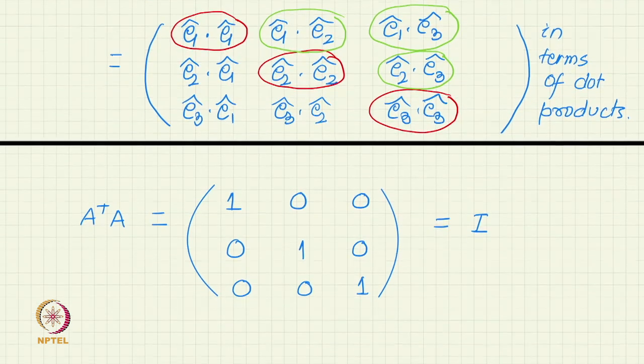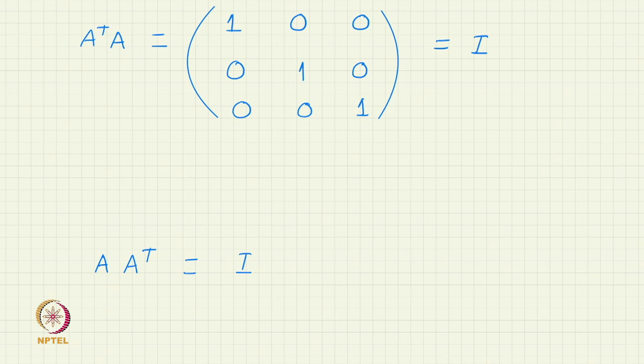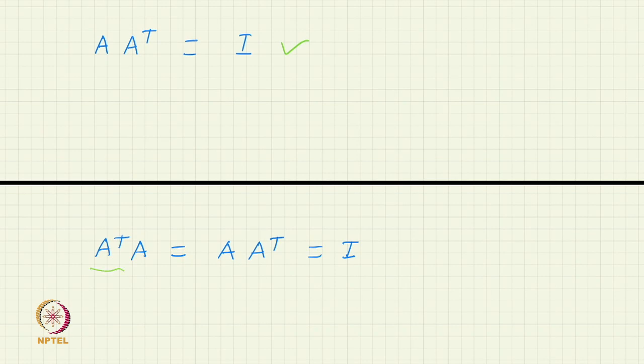So A transpose A is nothing but an identity matrix. Similarly, you can show the reverse is also true if you take the product in the opposite sense, A A transpose is also an identity. If both these products are identity, then this implies that A transpose is nothing but A inverse.